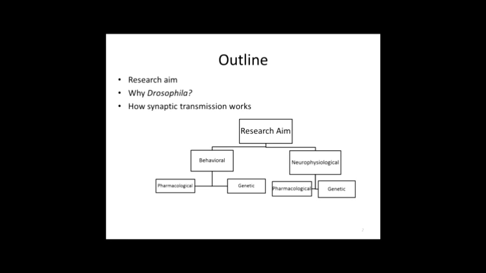Each of these approaches could also be approached in different ways, from a pharmacological standpoint and a genetic manipulation standpoint. In the pharmacological approach, I used two different drugs, dopamine and serotonin, and to investigate the research genetically, I used two different techniques using the GAL4 UAS system and the PBAC system.